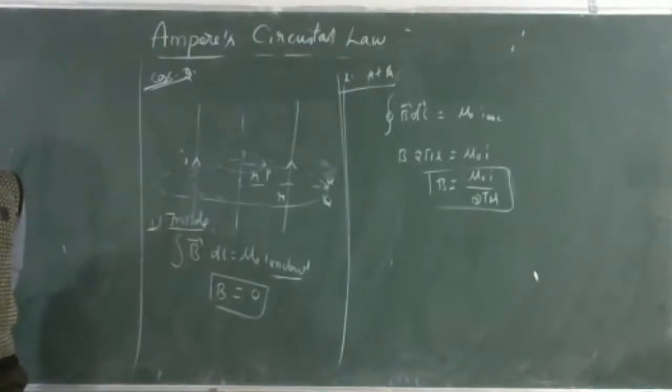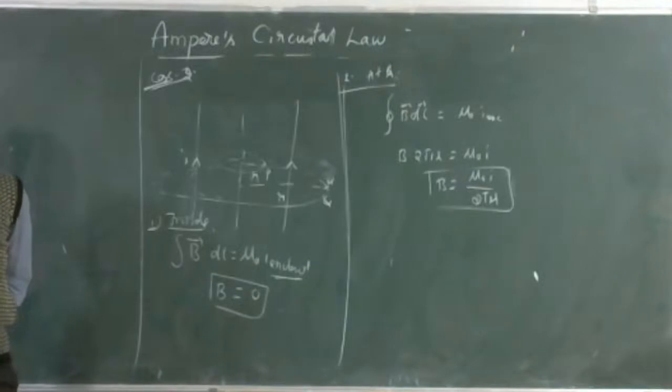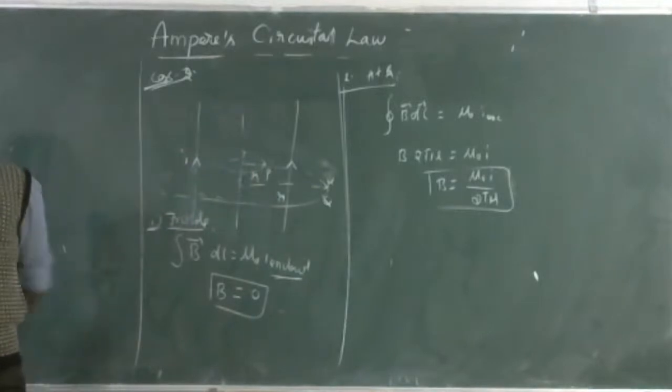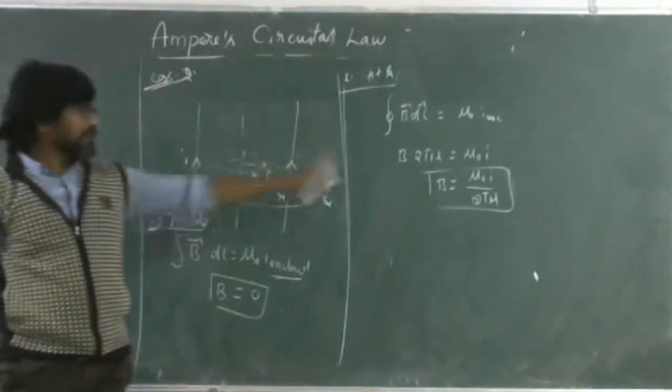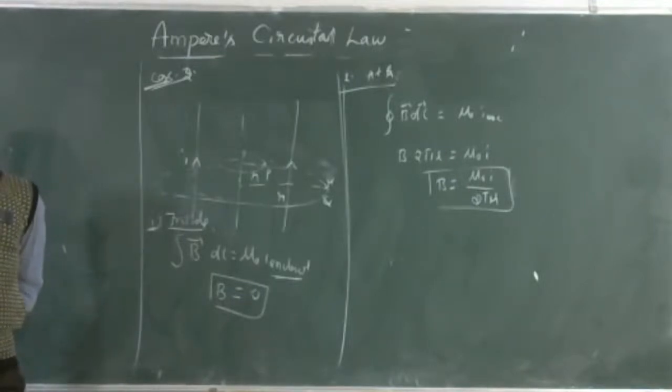According to that, you can observe that in case of a solid conductor, the magnetic field inside will be directly proportional to the distance, whereas outside it is inversely proportional to r.